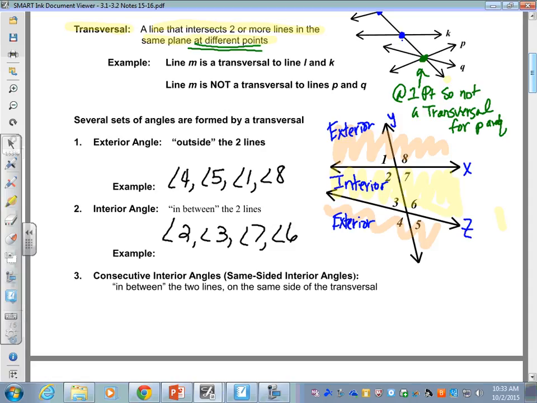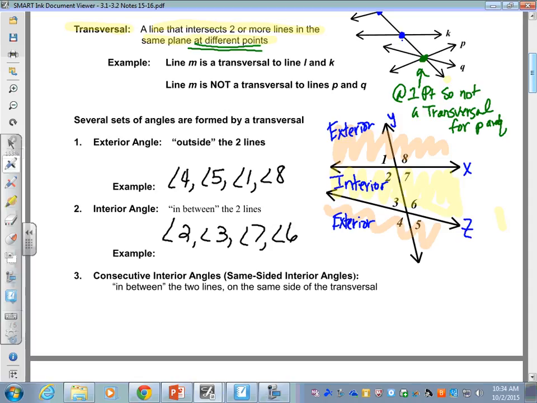Now, consecutive interior angles. Consecutive means they come right after each other, you know, like 1, 2, 3, like consecutive numbers. Another way to look at consecutive interior is same side interior. So when I mean same side, they're on the same side of the transversal, okay? 7 and 6, yeah, 7 and 6 would be consecutive interior because they're inside, in between the lines. Or I could say 2 and 3. Does that make sense?